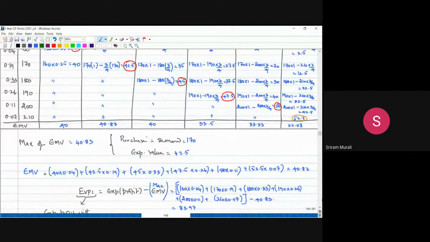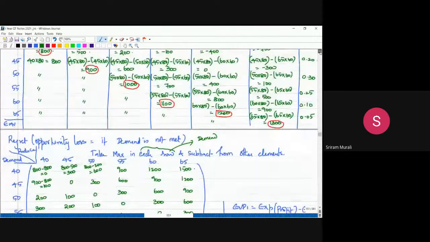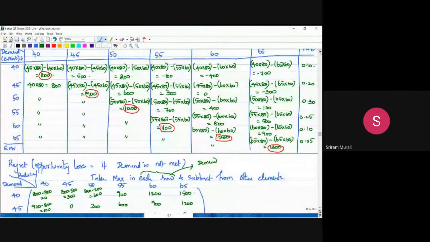We have to find the maximum. We have to find the maximum here. That I forget. This is opportunity loss. Expected monetary value to be found. I forget to do.